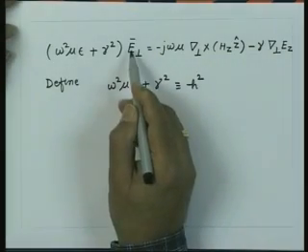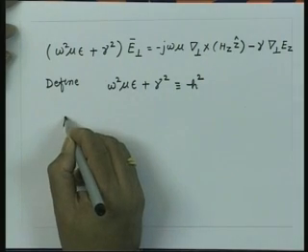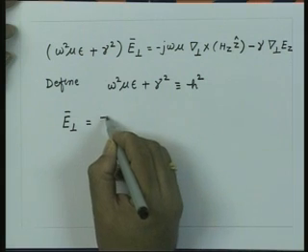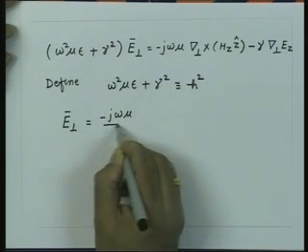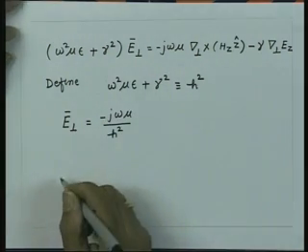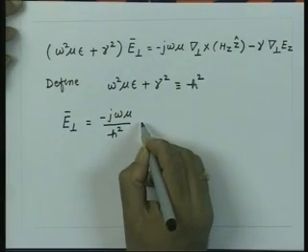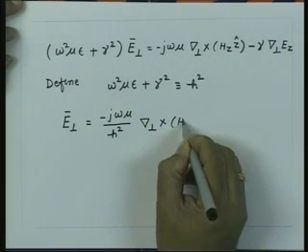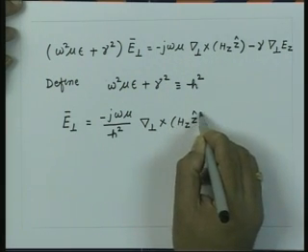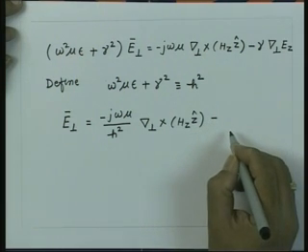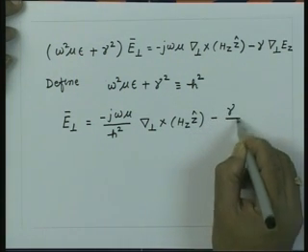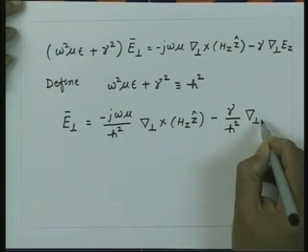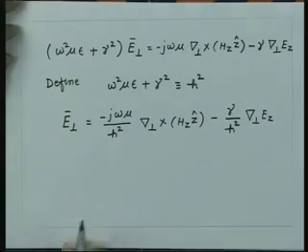Once we do that, I can have a final expression for the transverse electric field, that will be equal to minus j omega mu upon h square del perpendicular cross Hz z, minus gamma upon h square del transverse Ez.